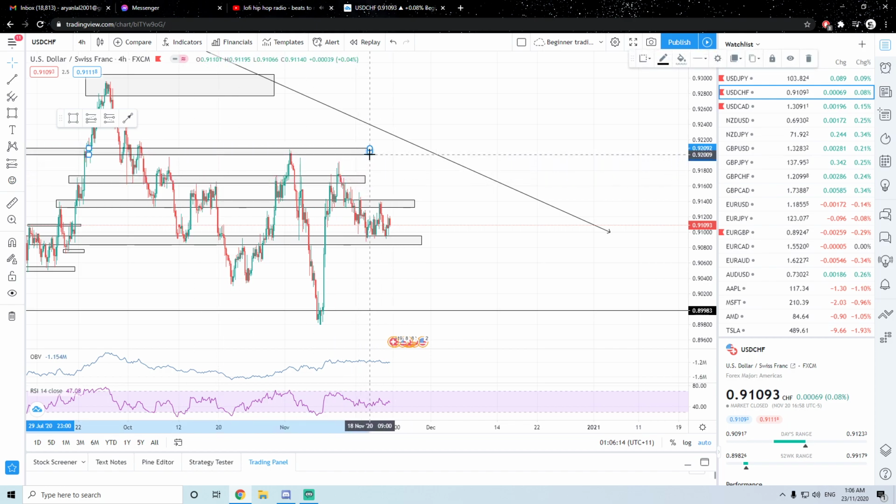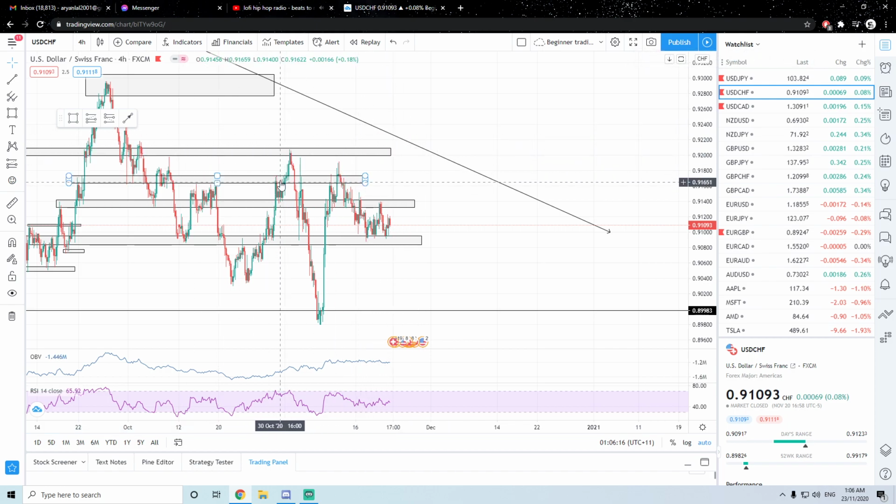So if I just drag these across, we can still see that this level here and this one here are still pretty relevant, but just for trading time's sake, the duration of the trade that I want to be in, I'm just going to delete that one and look for a break and retest of this area towards the upside, and then use these highs.